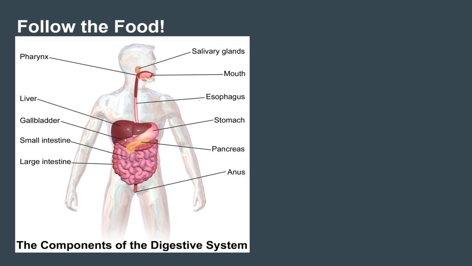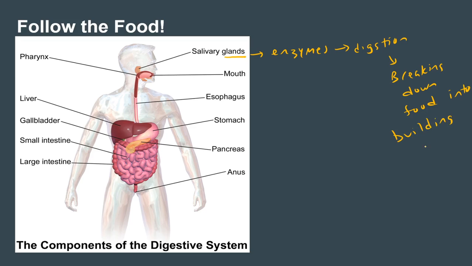So again, we trace the path, just a quick review. The mouth and the salivary glands were where things started. The salivary glands were the first glands to start making enzymes, which are doing the digestion, which is really just breaking down food into the building blocks for two reasons.